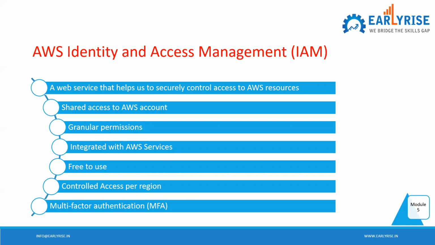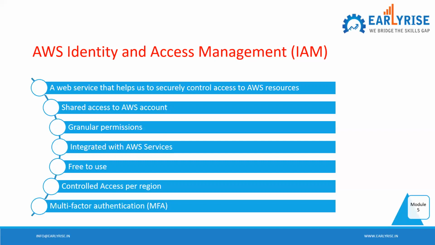Here it gives us shared access to the AWS account. Shared access means we can grant somebody permission to take care of a particular resource's administration without sharing my own username or password, or my access key. I can allow a particular person to use and administer the resource.